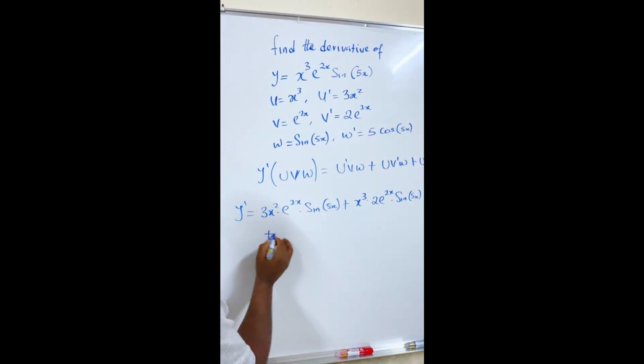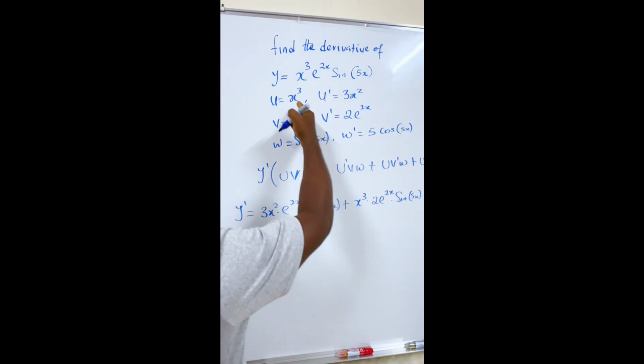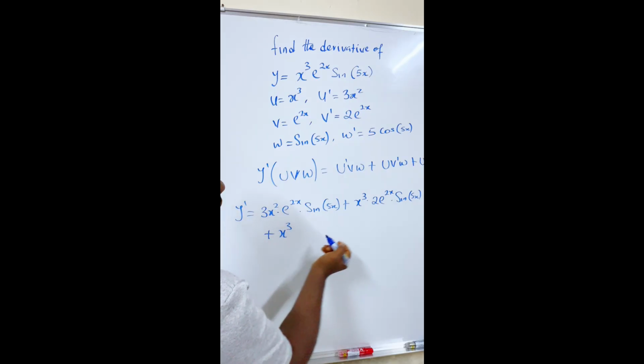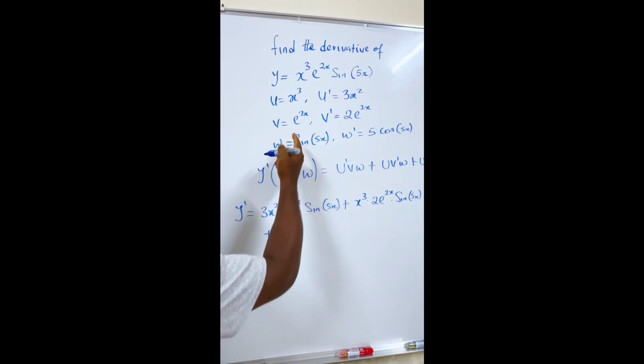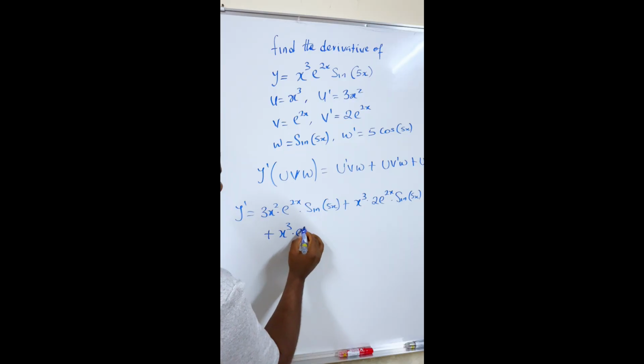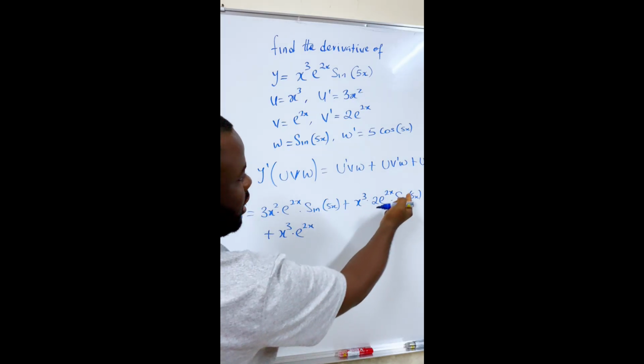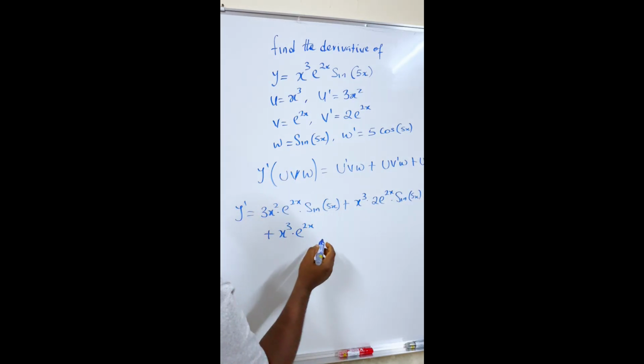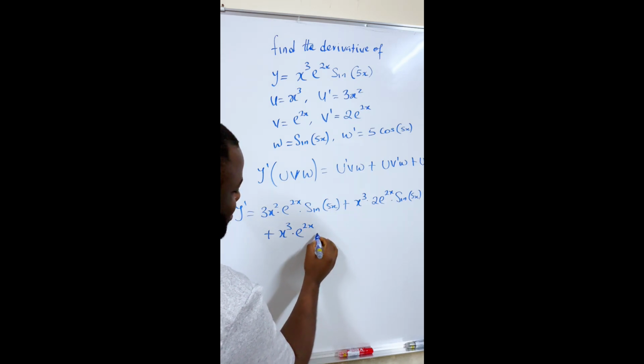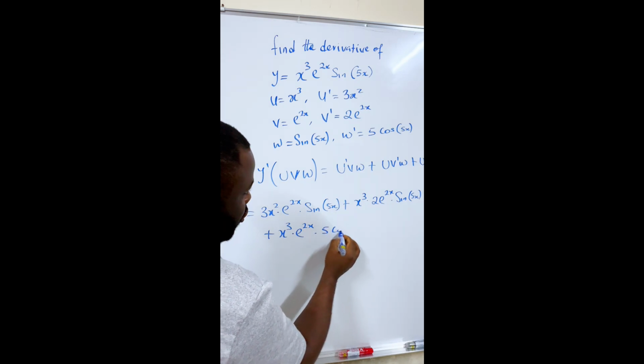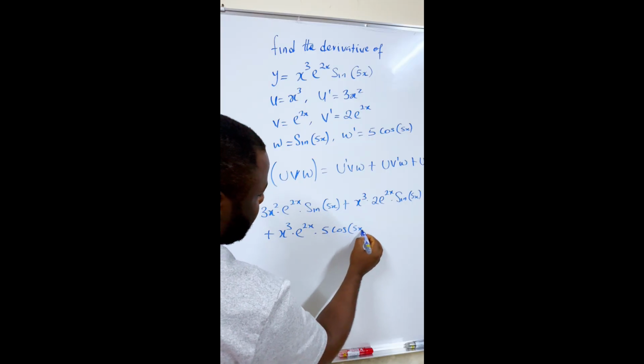Then plus u, which is x cubed, multiplied by v, which is e to the power of 2x. Then w prime is 5 cos 5x.